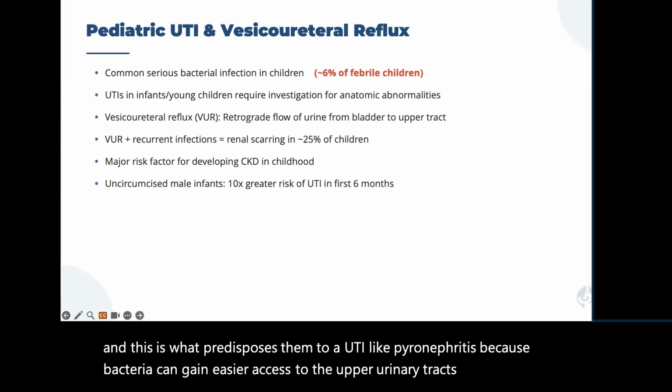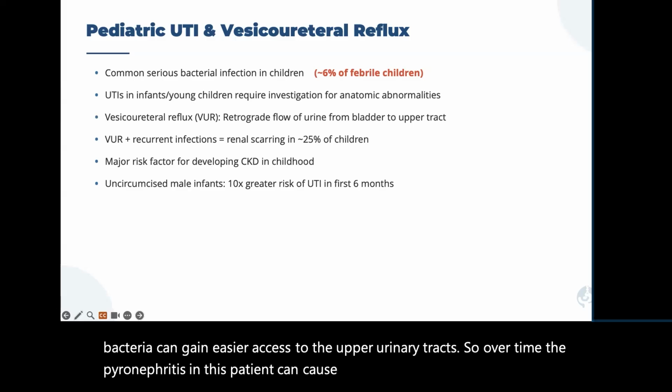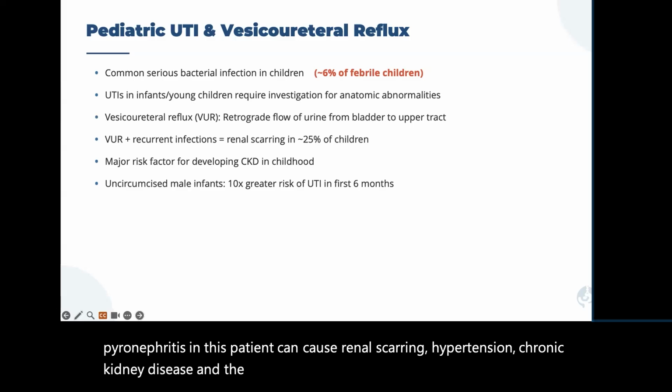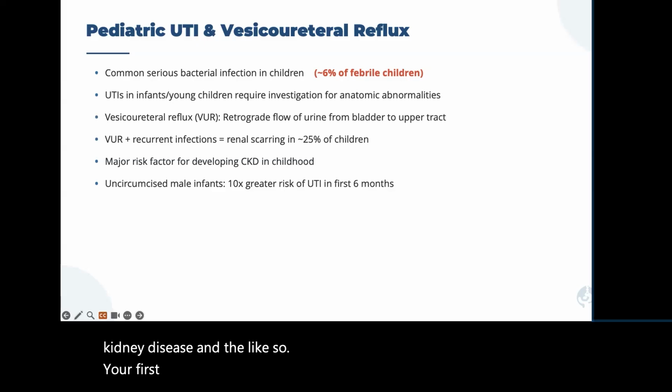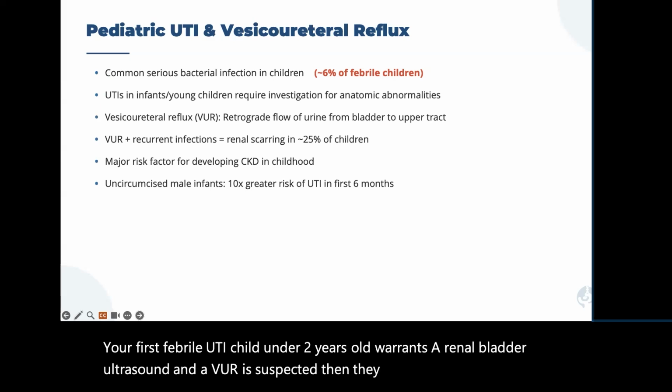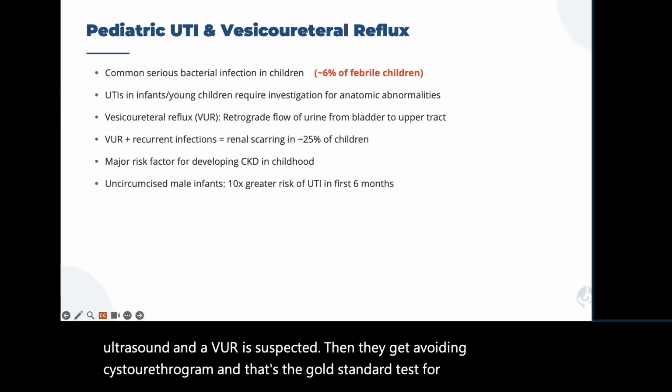So over time, the pyelonephritis in this patient can cause renal scarring, hypertension, chronic kidney disease, and the like. So your first febrile UTI child under 2 years old warrants a renal bladder ultrasound, and if VUR is suspected, then they get a voiding cystourethrogram, and that's the gold standard test for diagnosing this condition.